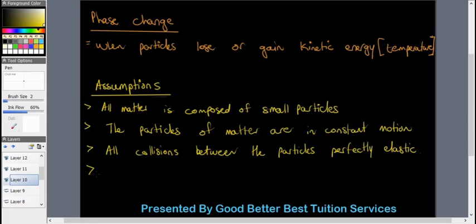The fourth assumption is particle motion: atoms and molecules move in a straight line between collisions.